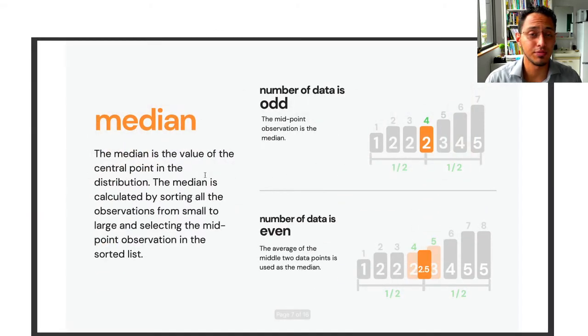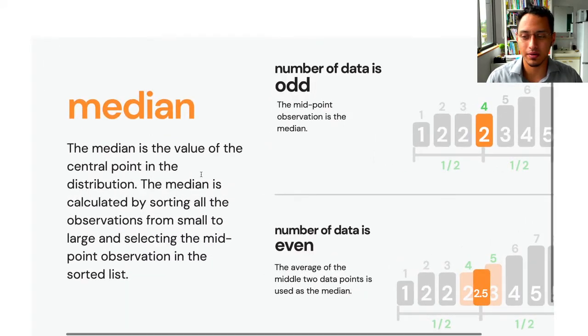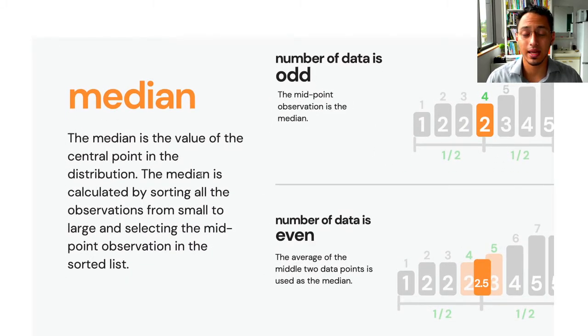In addition to the mean, we also have the median. The median is the value of the central point in the distribution. Before you do that, you need to sort all the observations from small to large, and then select the middle point.